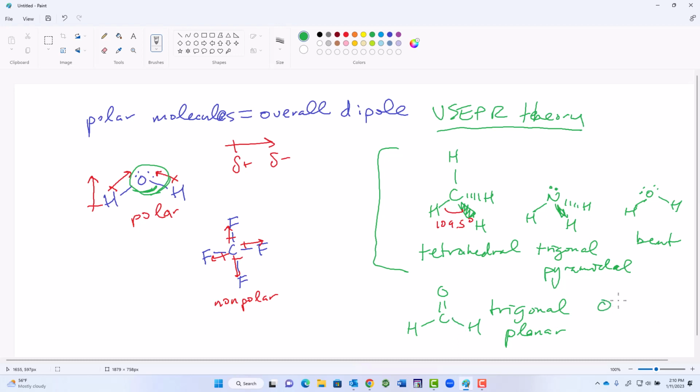Again, this one is a little bit more obvious, but if we have something that is straight across, we would just call this linear. So these are going to be the most important geometries for organic chemistry, especially the tetrahedral centers, as these are usually sp3 hybridized, and the trigonal planar centers, which are usually sp2 hybridized, and again, the linear, which are usually sp hybridized. But we will talk about that in a future video.